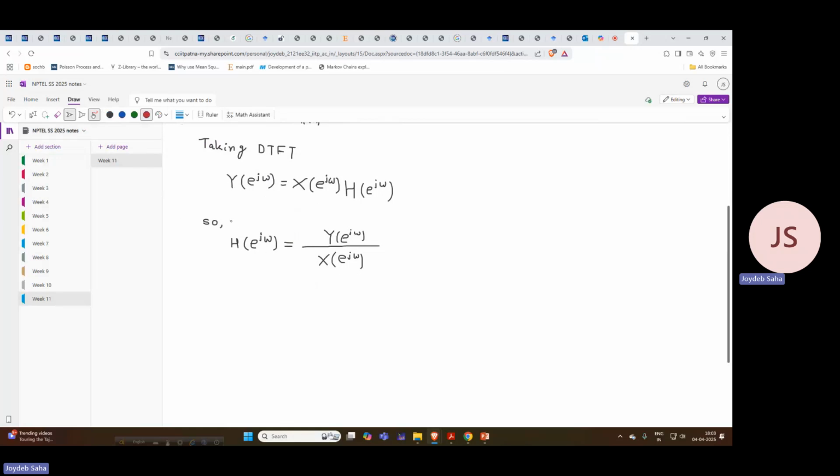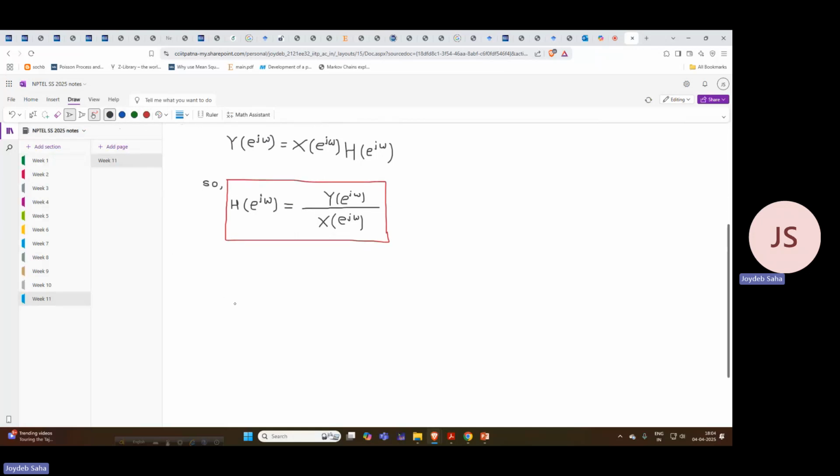Okay, this we are getting, and we can write H of e to the power j omega is equal to its amplitude, which is mod H of e to the power j omega, and its phase response e to the power j theta.